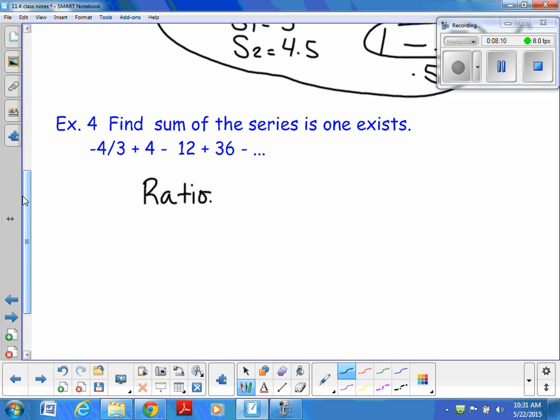What are these numbers doing? Getting bigger, right? But isn't it times a negative 3 for the ratio? So, these numbers are getting bigger and bigger. We're not going to be able to find the what? The sum. No sum.